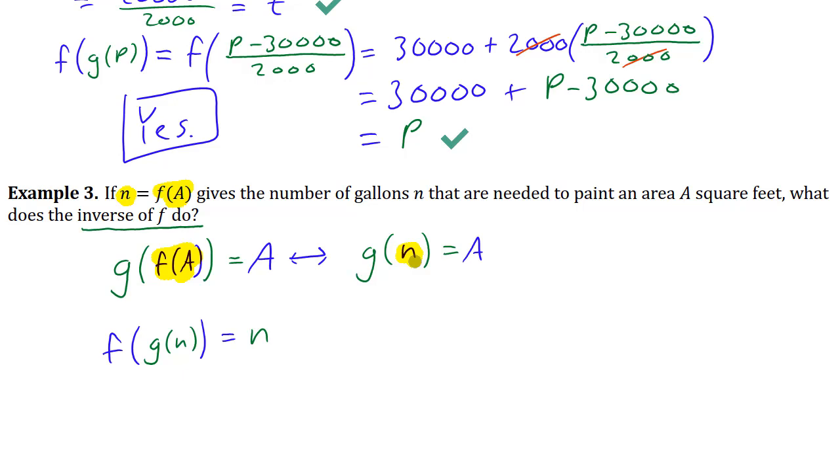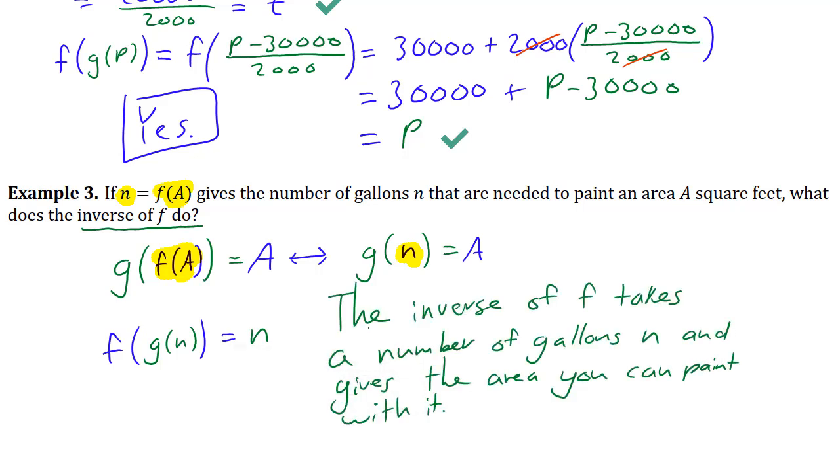So what is this function doing? It's taking a number of gallons of paint as input, and the result is going to be how much area you can paint with that. Okay, so yeah, this function takes a number of gallons n and gives the area that you can paint with it.